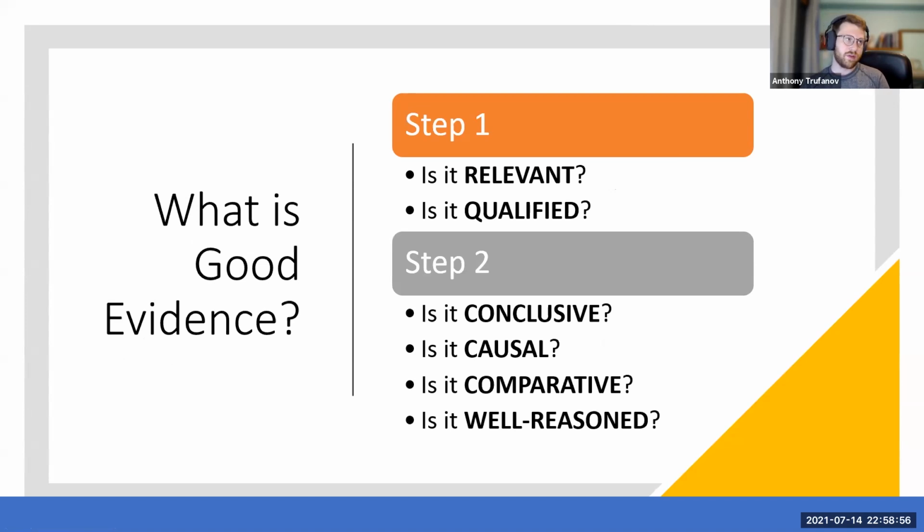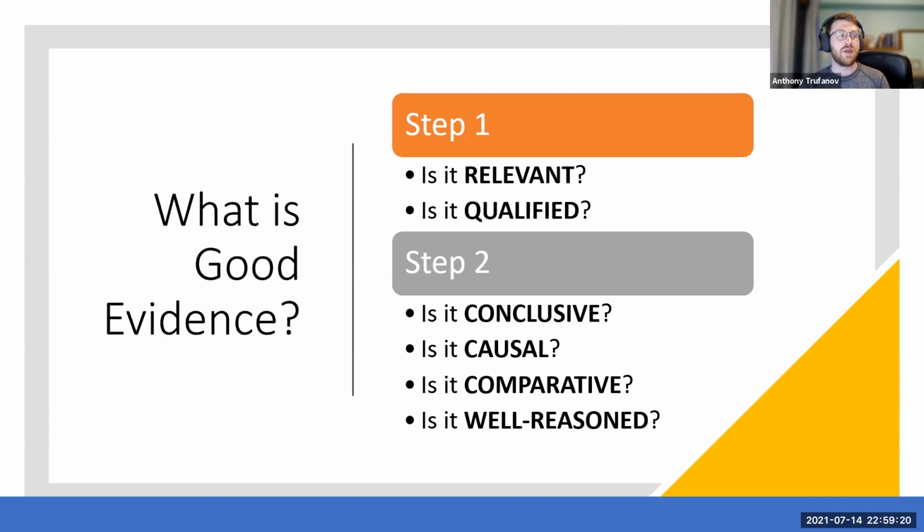And is it qualified? Is this from an idiot on Reddit or is this from a professor? So step one is what a piece of evidence needs to meet before we even care about it at all. If a piece of evidence fails step one, then usually that's all you need to say.